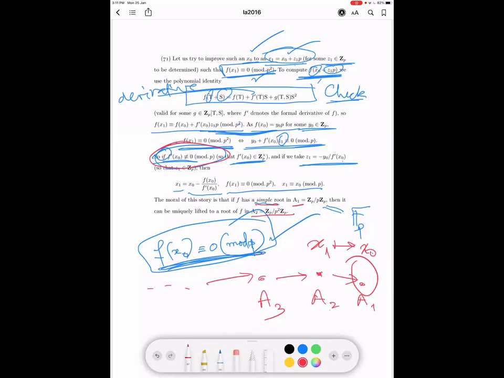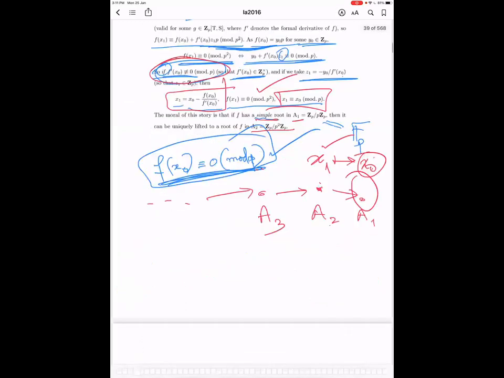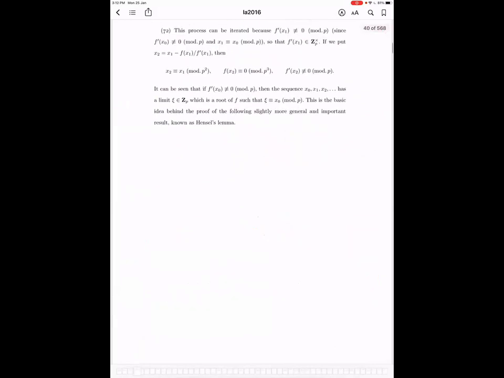I'm saying if your root x naught is simple, then you can take x1 to be this. Then it's a root here in A2 and so on, and it's congruent to x naught modulo p. x1 goes to x naught. Okay, so all this happens if your root x naught is simple. So I hope you have understood this, because this is the idea behind the following lemma.